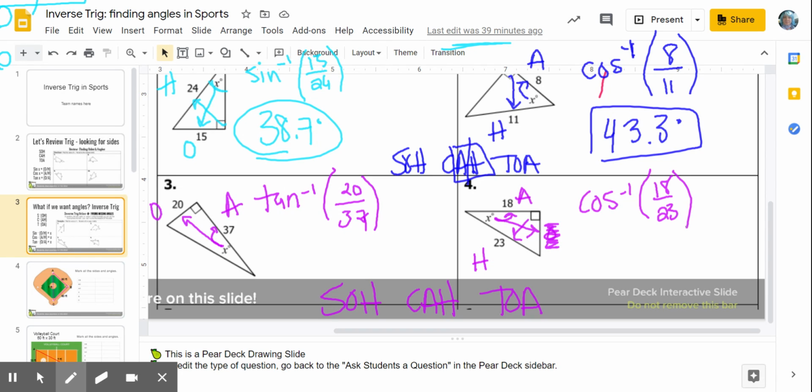And then check them in your calculator. And when you get your answers, let me know what they are so we can check them.